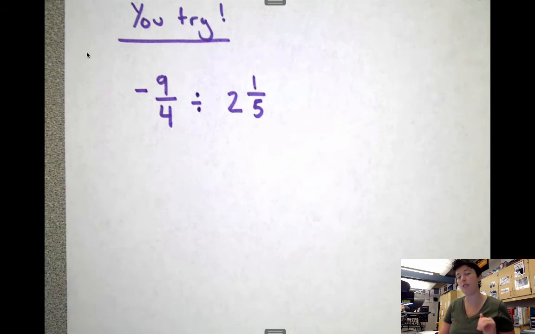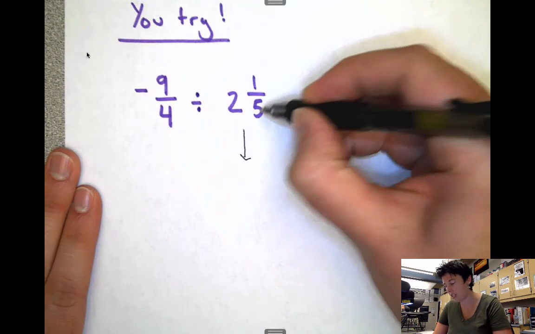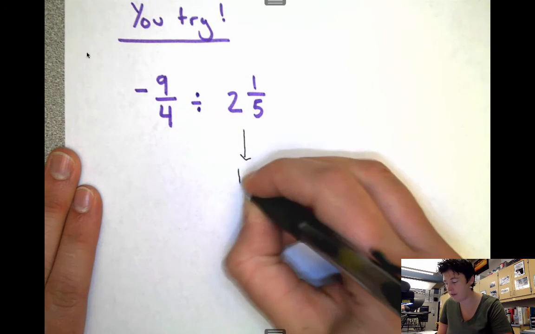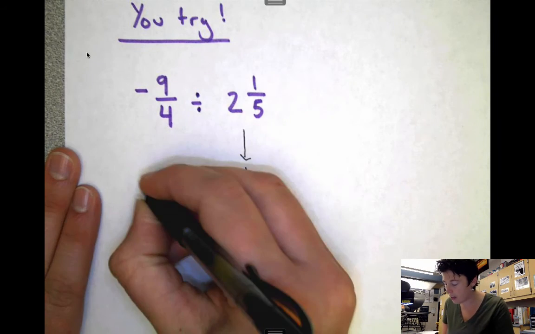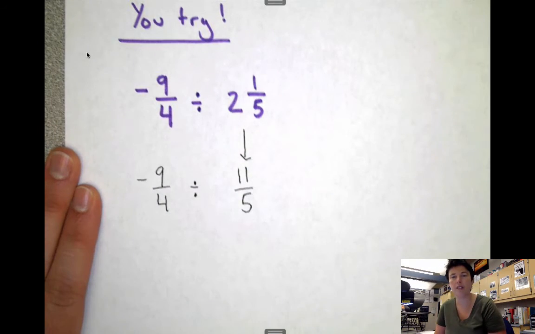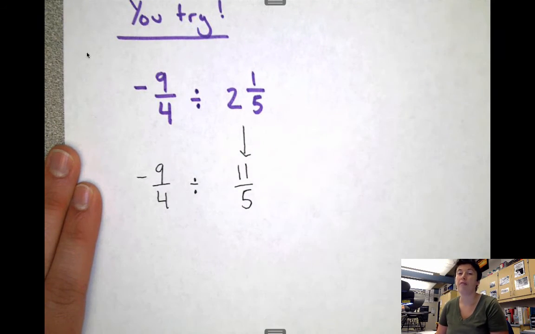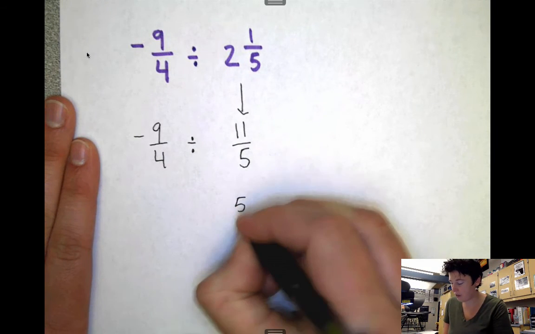So first off, no mixed numbers, so let's get rid of this one. 2 times 5 is 10, plus 1 is 11/5. That's the first step here. So we have negative 9/4 divided by 11/5. Next step, flip and multiply. I'm going to flip this fraction over to 5/11.